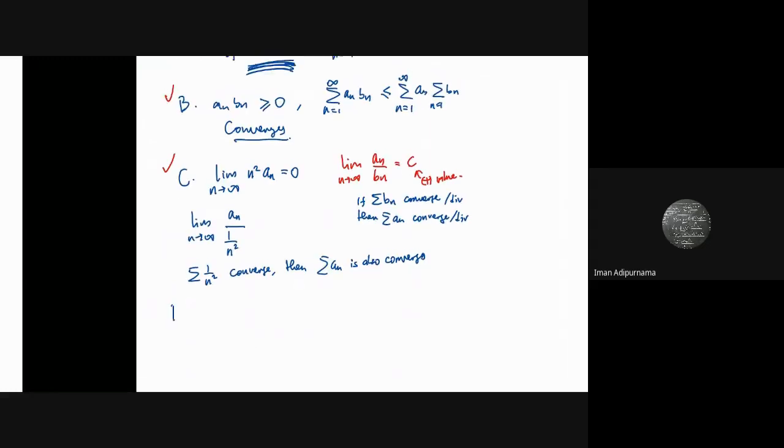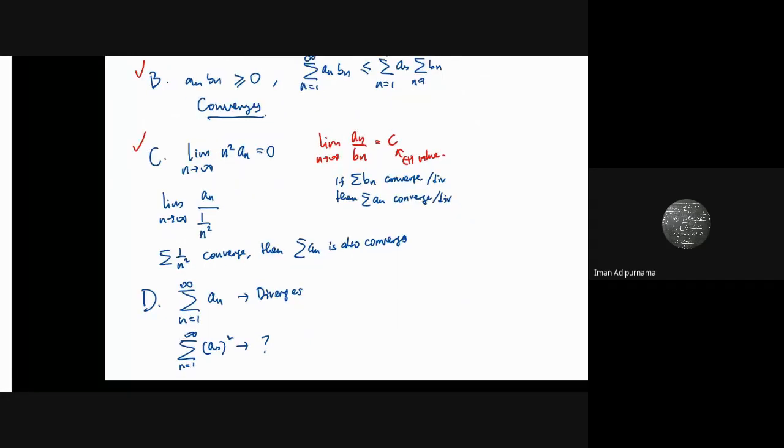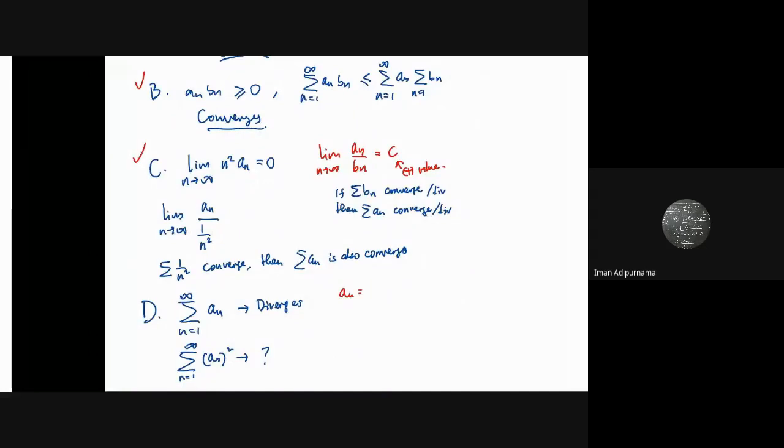Now let's see our option D. So first, write if this is divergent, then what is this, right? Is this also divergent or something else? What happens if your an is 1 over n?